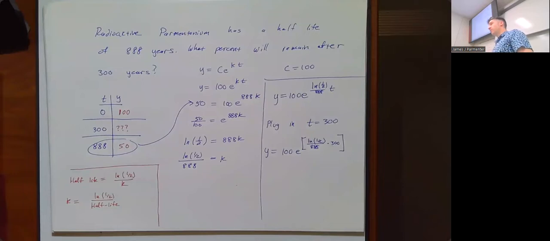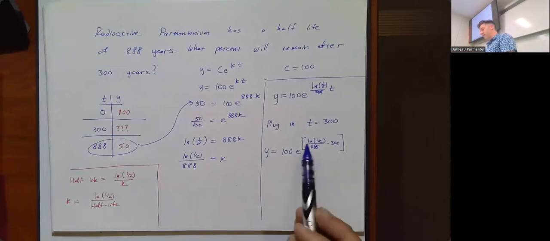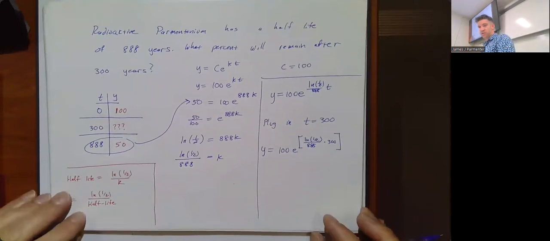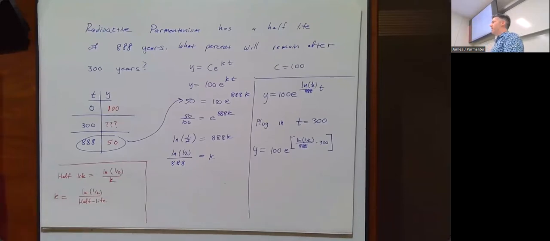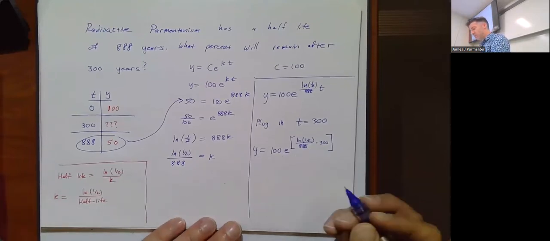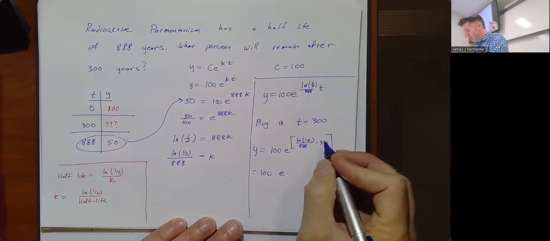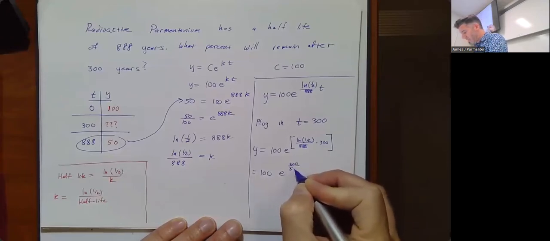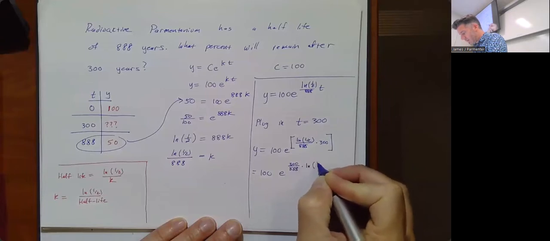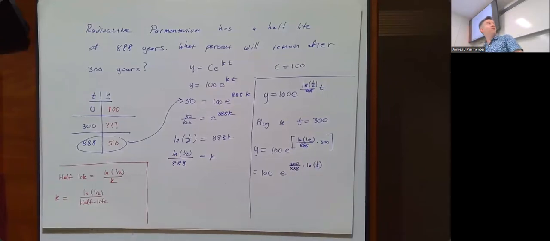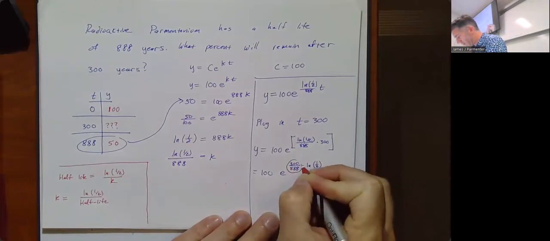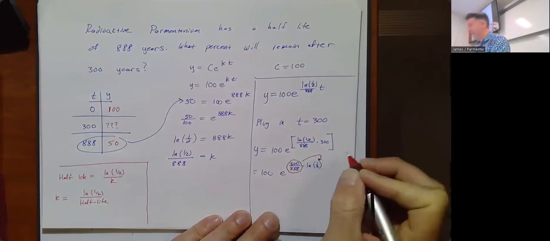I will point out, because you might have learned this a different way once upon a time, there is a way to write this a different way. And I feel like I should show you just so if you have seen it this way, you can justify to yourself, oh yeah, it is the same. So technically, if you really wanted to, you could write this as 100 e to the 300 over 888 times the natural log of 1/2. And when you have a number times the natural log of a thing, that number can come up as the power of the thing in the natural log, meaning this 300 over 888 can be the power on 1/2.